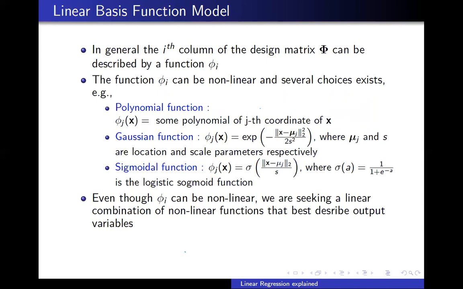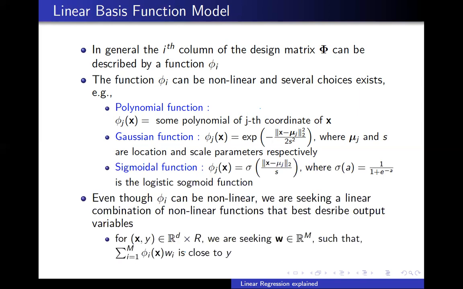So even though each of these phi_i's can be nonlinear, we are still seeking a linear combination of these nonlinear functions that best describes your variable. Even though it's a linear combination of basis functions, because the individual basis functions are nonlinear, essentially what you get is a nonlinear function, right?